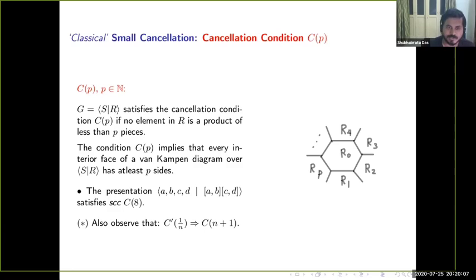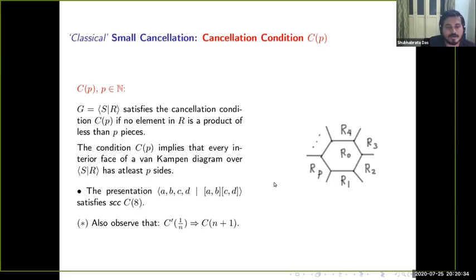This picture somewhat captures that: if you have a relator R naught here, there should be at least p pieces. It can be more as well.